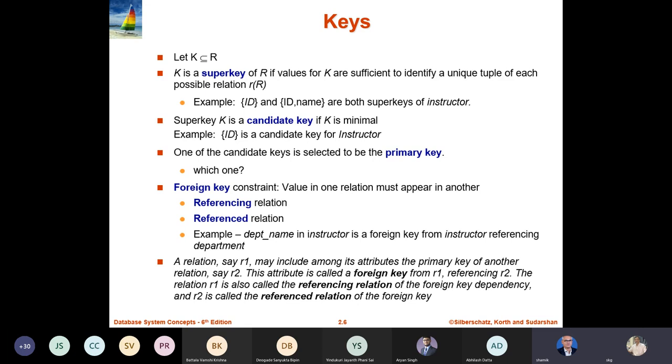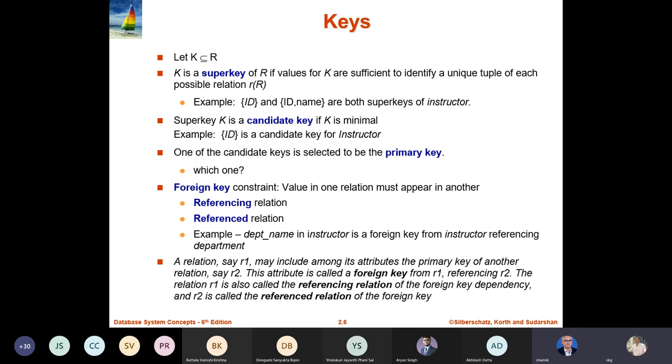So primarily what we have seen is the super key, which uniquely identifies each possible relation in R, like ID, name, department name. And there is a candidate key, a super key where the K is minimal.